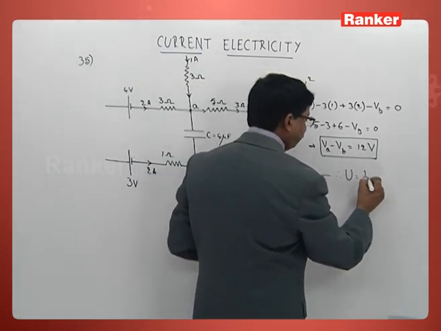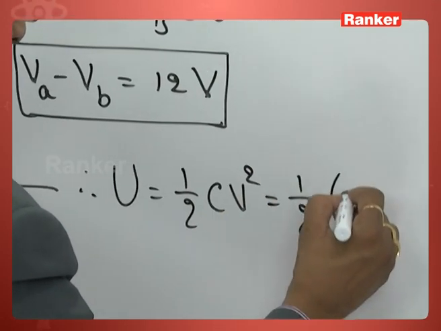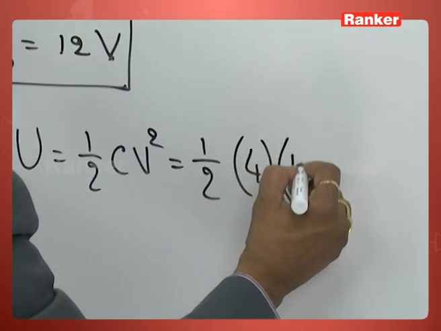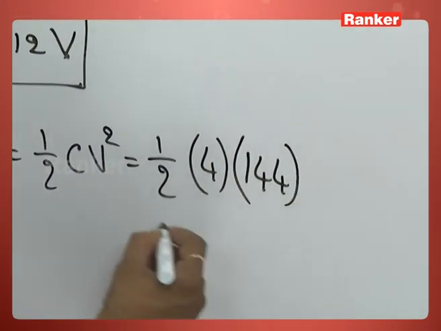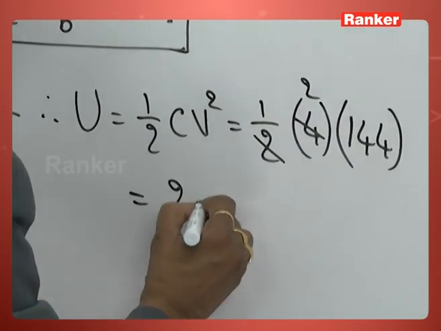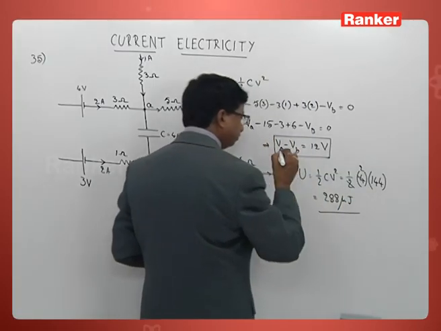It is half CV square, half C being 4. V square now is going to be 144. This goes twice. So you are left with 288 microjoule as such.